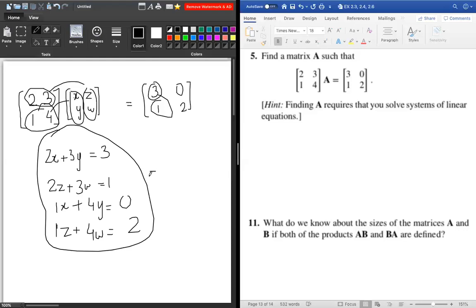Okay, and then we solve these equations using linear algebra, and we find the answer: 9 over 5 is the value of x, minus 1 over 5 is the value of y, minus 6 over 5 is the value of z, and 4 over 5 is the value of w.